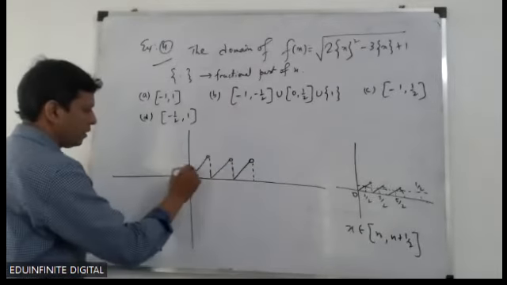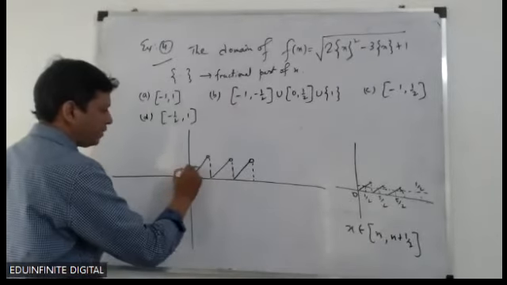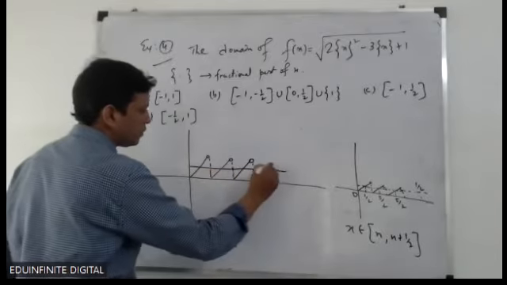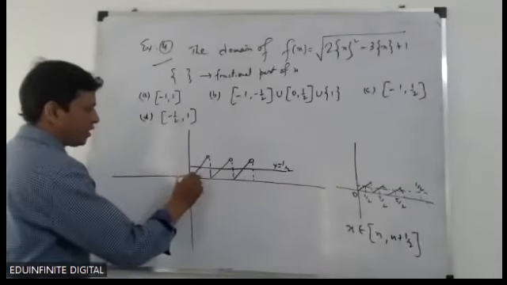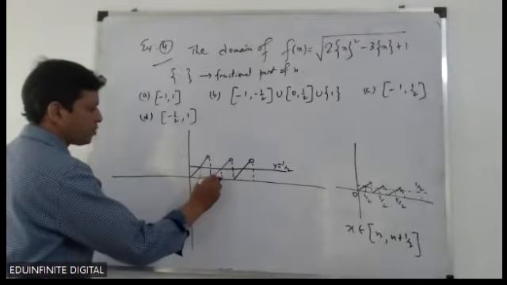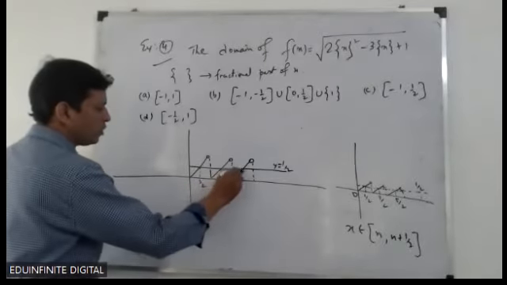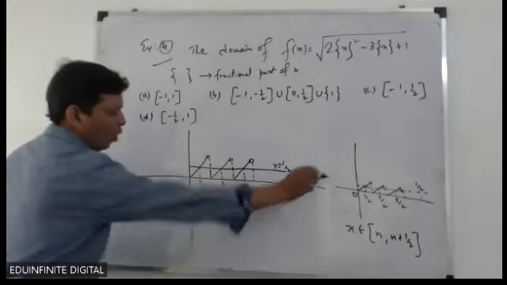Now let me draw a half line. This is the y equal to half line. This point is half, this point is 3 by 2, this point is 5 by 2 and so on.